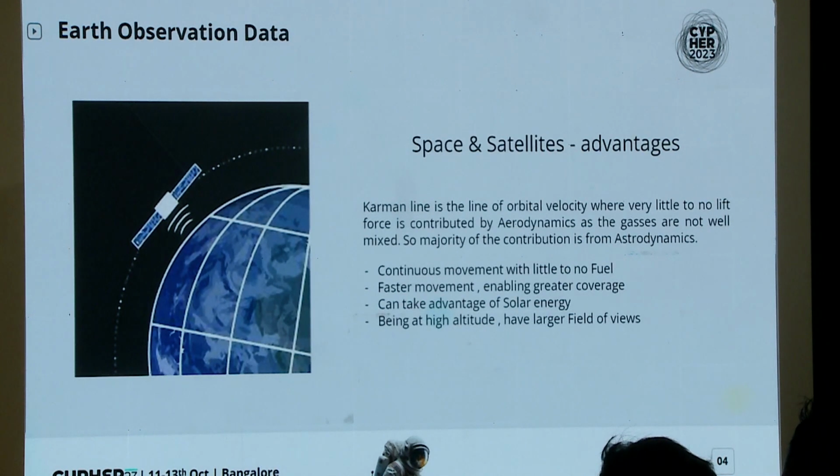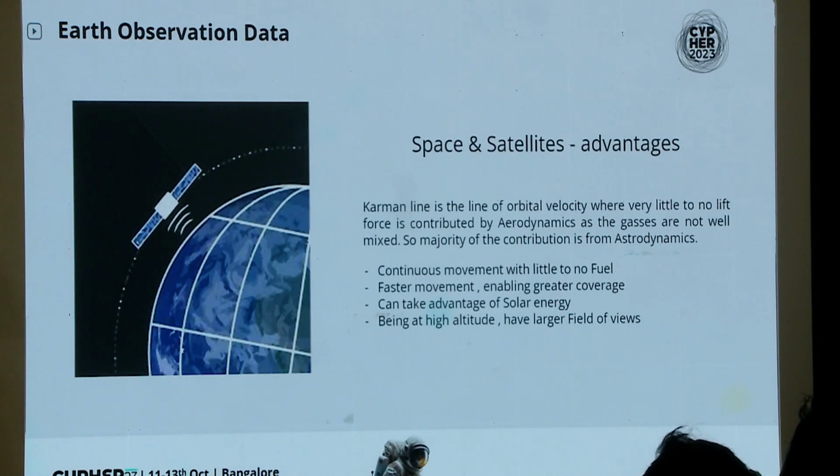Then we have solar energy, right? On Earth, solar energy gets absorbed and reflected by the atmosphere, clouds, and Earth's surface. Above the atmosphere, if you put a solar panel, there's a lot of radiation per square meter, right? So there's a lot of solar energy that you can take advantage of to keep your sensors running. And then being at high altitude, you have a larger field of view.